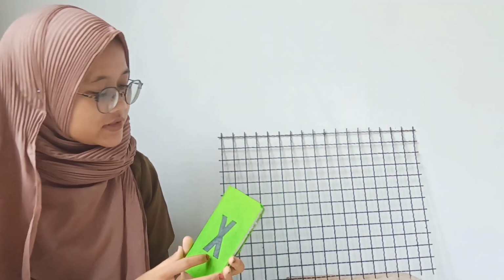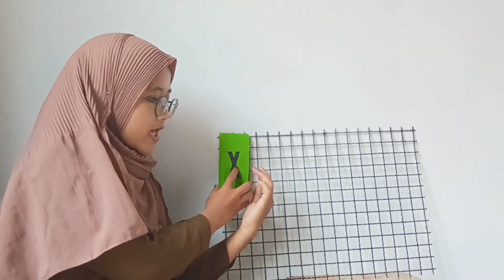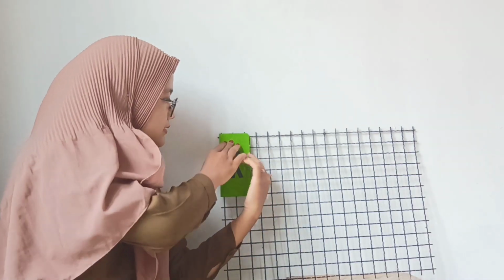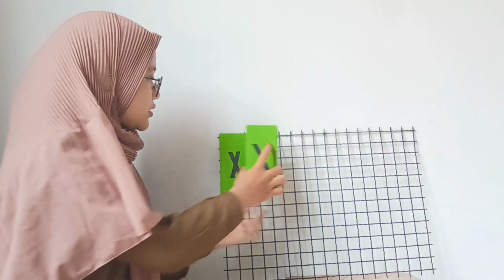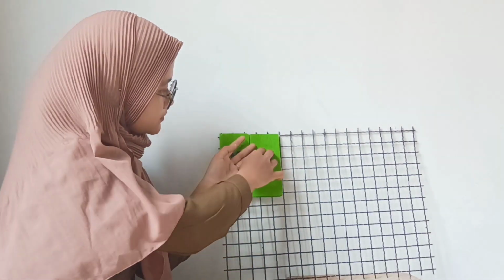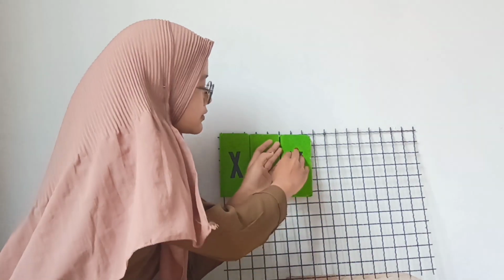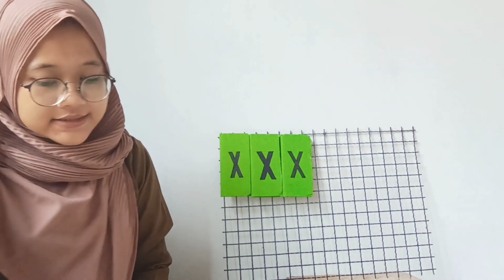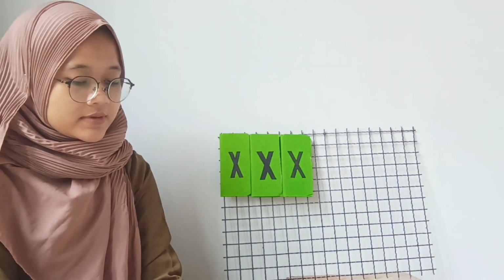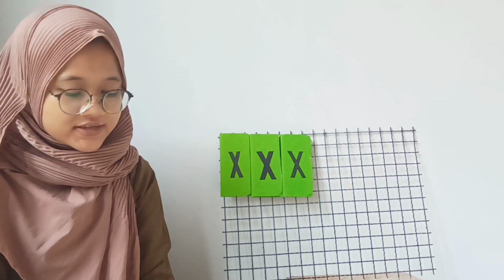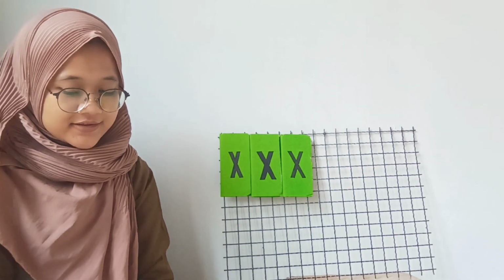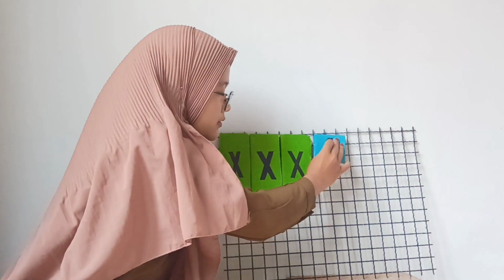Okay, for the example 2, we have two equations. The first equation is 3x, okay, 3x, and then plus 3, okay, plus 3.